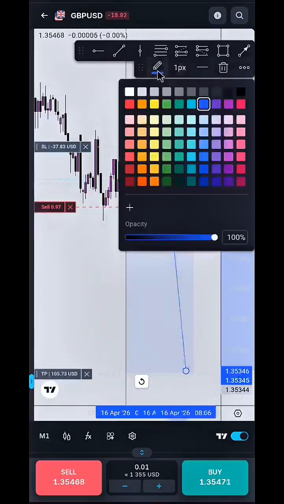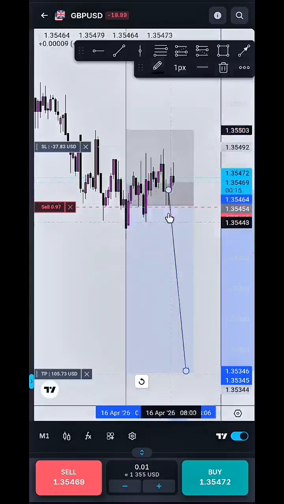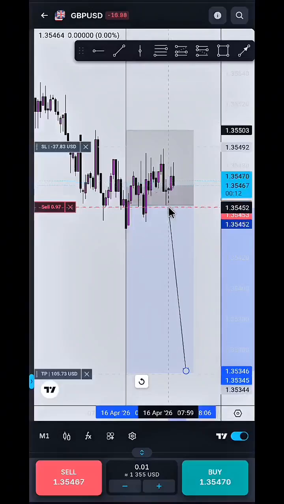Because if the price is truly bearish, it shouldn't go above that high.